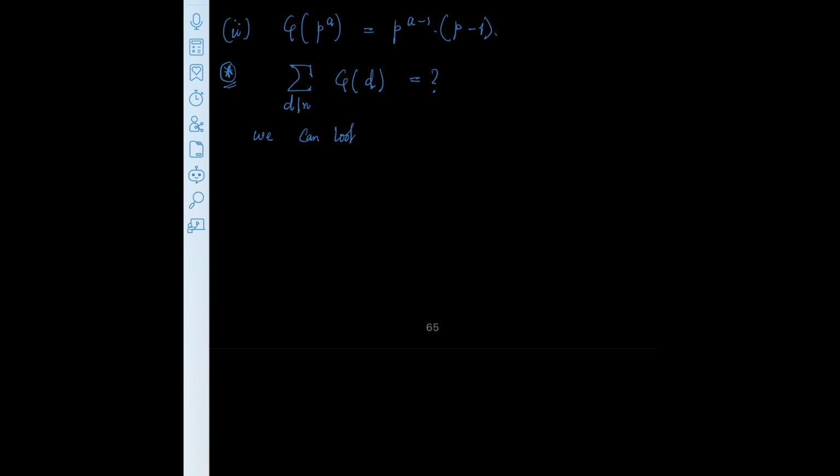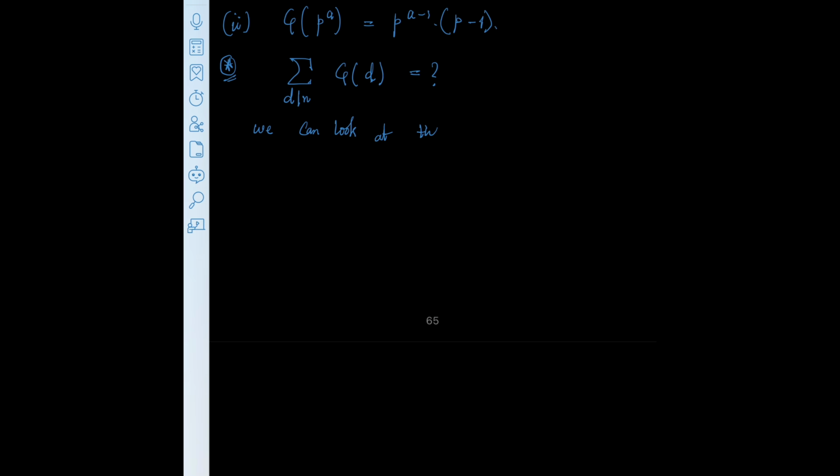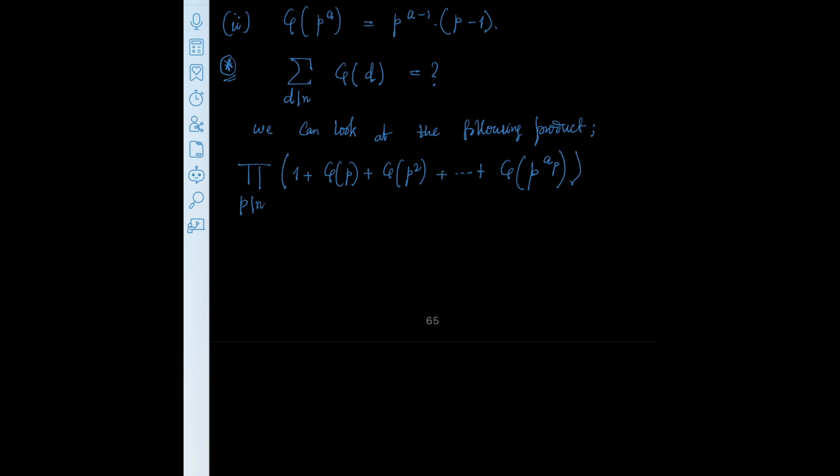We can look at the following product: the product over p dividing n of 1 plus phi p plus phi p squared plus up to phi p to the power ap, where ap is the largest power of p such that p to that power divides n.